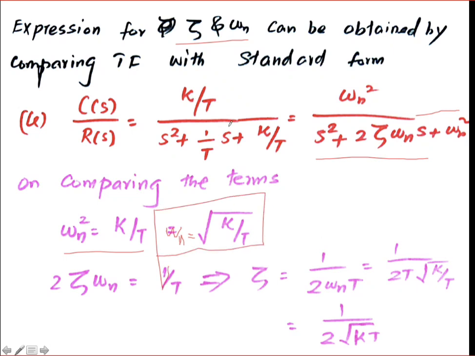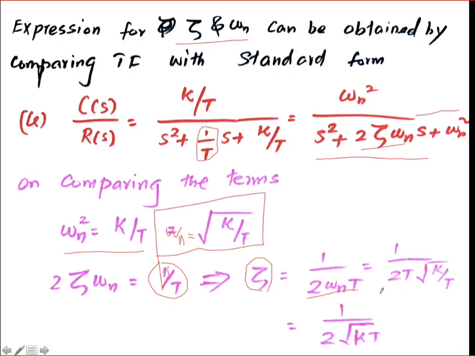Now we are going to compare 2 zeta omega n with the coefficient of s. So 2 zeta omega n is equal to 1 by T. From this we determine the value of zeta. Zeta is equal to 1 by 2 omega n T. We already determined omega n, so substitute it in this equation.